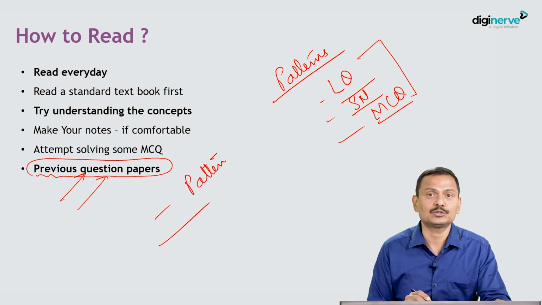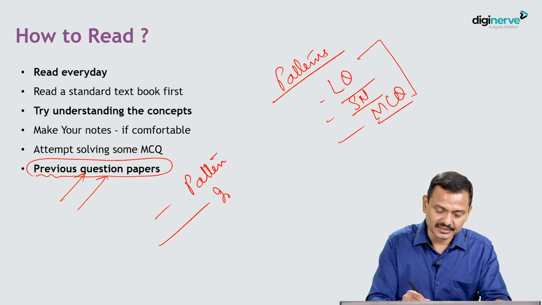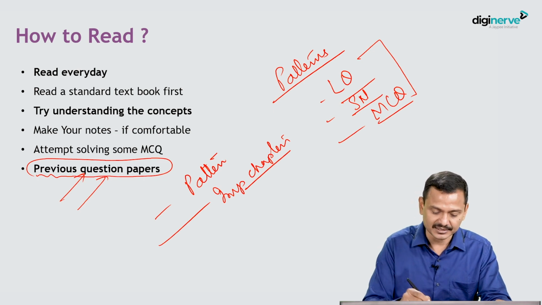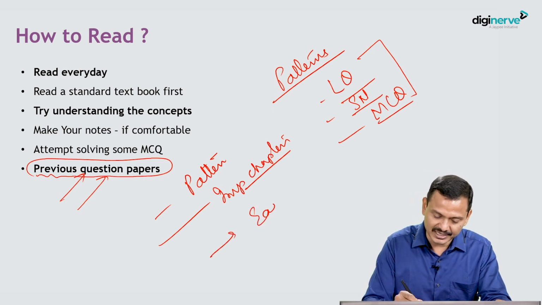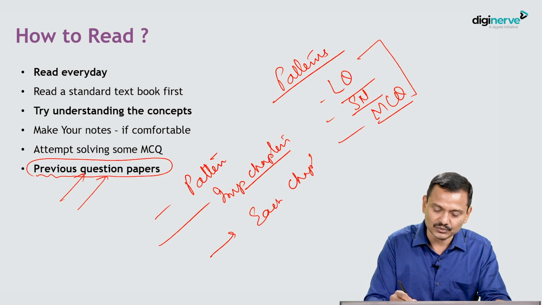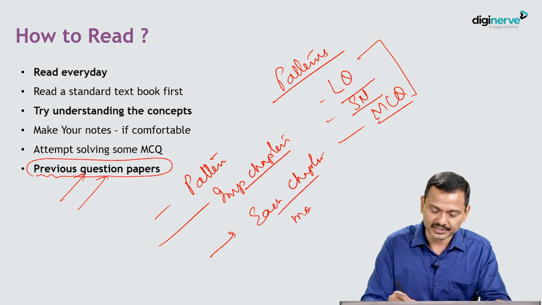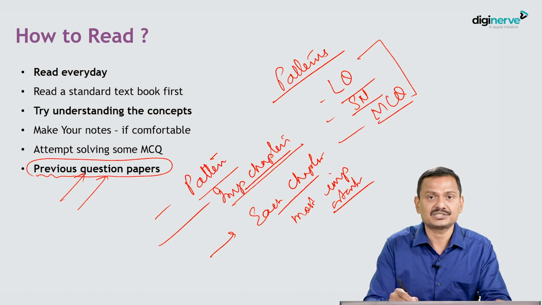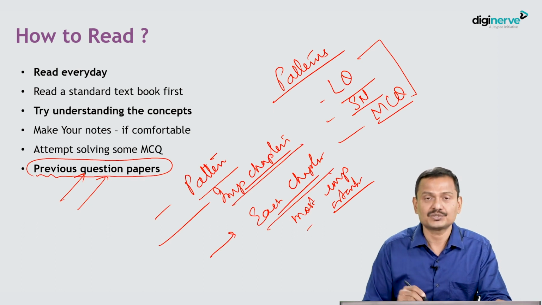The other thing you will get an idea of is which are the important chapters, and from which chapters questions have commonly been asked. Even in each chapter, again you will know which are the most important portions. And this you will understand in my next slide.